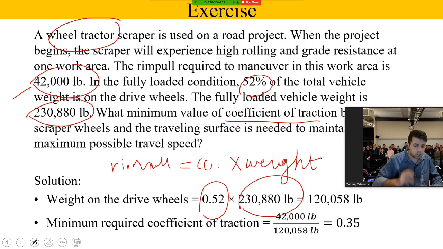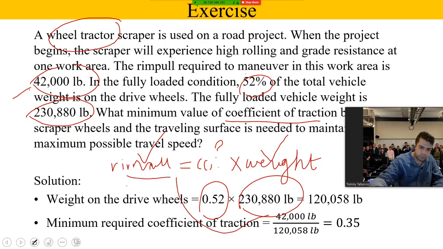The weight on the tires multiplied by the coefficient of traction would give you the RIMPL. Here in this problem, weight is known, RIMPL is known, coefficient of traction is unknown. So by dividing the RIMPL, which is 42,000, by the weight, you can find the coefficient of traction.